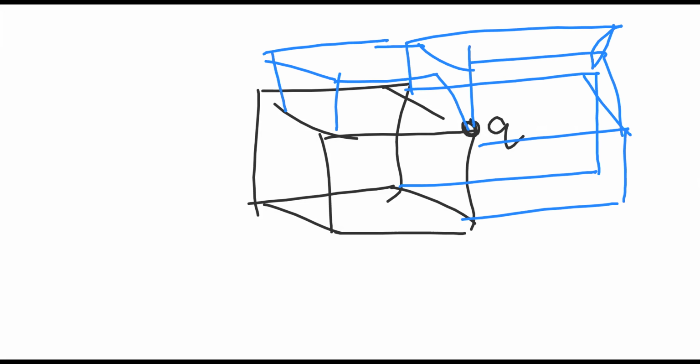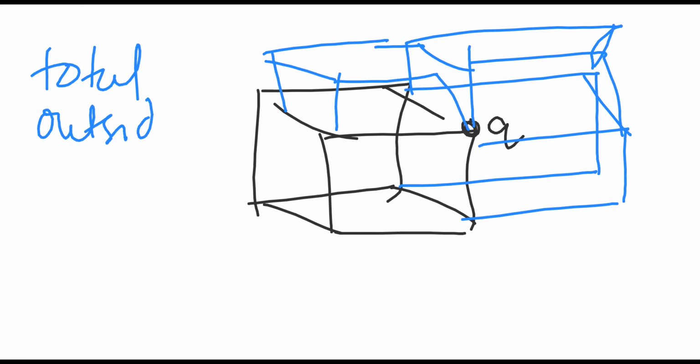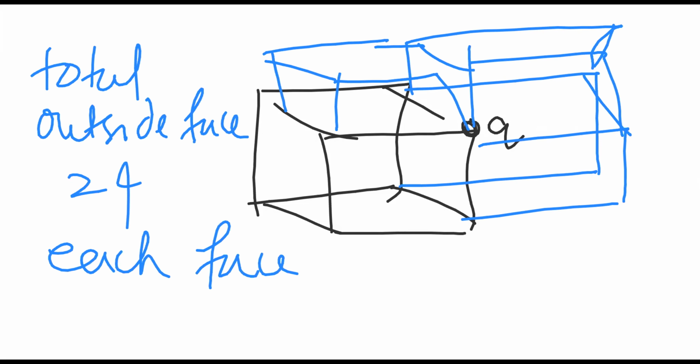So the total outside faces are 24. So through each face, it is q by 24 epsilon naught, if the charge is at a corner. Okay, so that is the idea. Already explained this. So you remember, when the charge is at a corner, the flux is q by 24 epsilon naught.